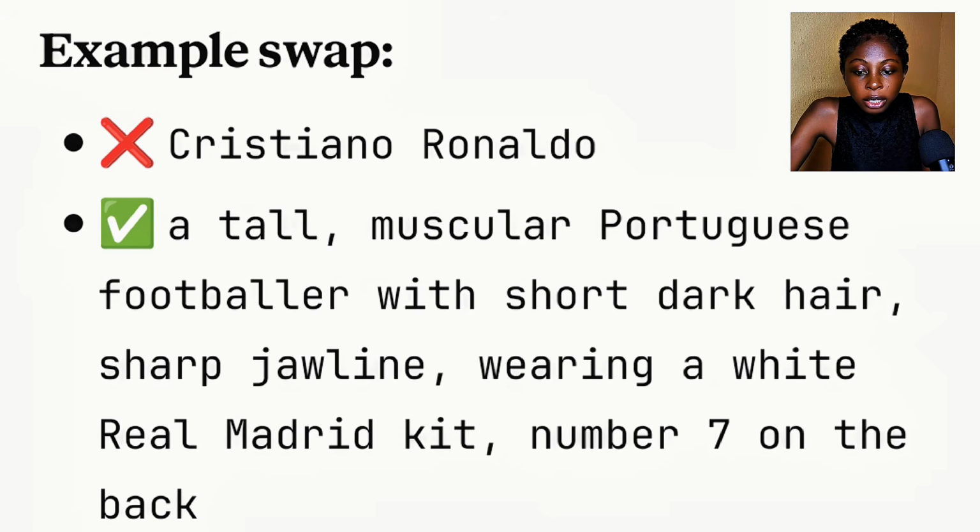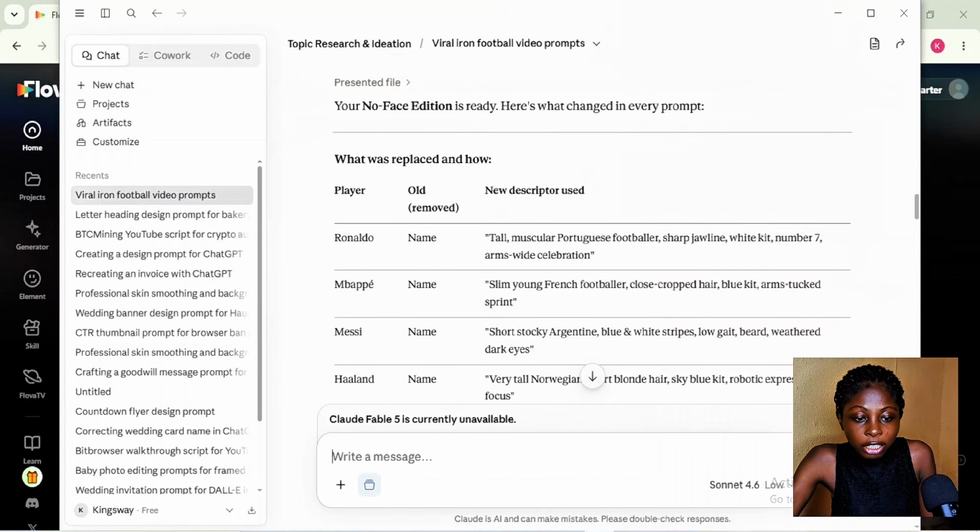Instead of typing in the name, you describe everything about the character that makes them recognizable: their physical build, their kits, their playing style, their signature movement. The audience's brain fills in the rest. And it works for me every time. You can go to Claude to describe these superstars and celebrities for you.